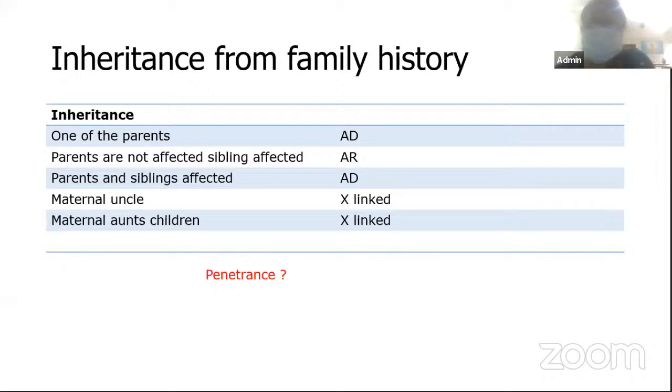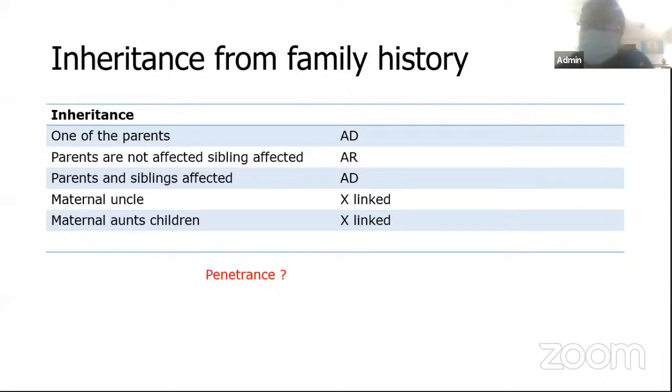And if parents or siblings are both involved, since there is a 50% chance of sharing, it is likely autosomal dominant. If the affected patient is a boy and the maternal uncle is involved or the maternal aunt's children are involved, then most likely the inheritance is X-linked.